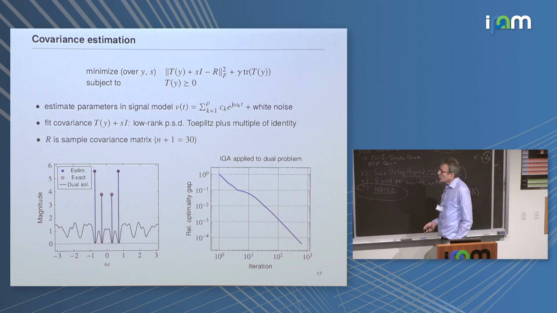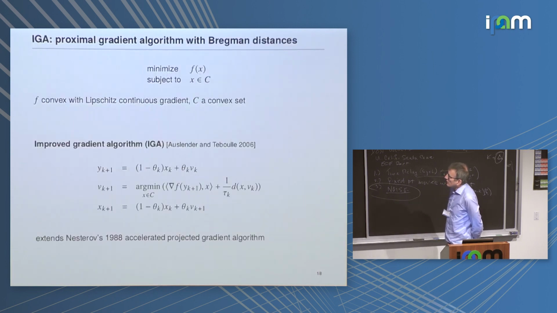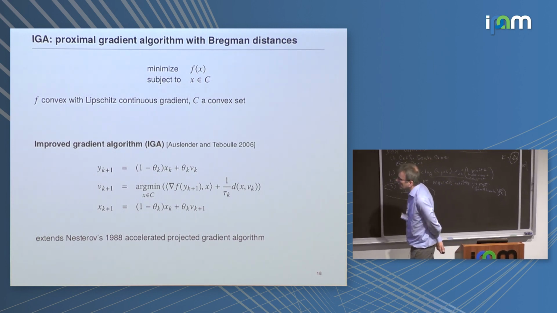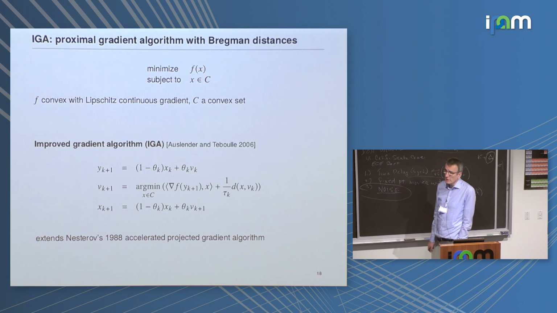So we used this generalized proximal operator to solve the dual problem, and the method is called the IGA method, and this is the gap or the accuracy versus iteration. The IGA method, the improved gradient algorithm, was proposed by Auslander and Teboulle, and it's the Bregman extension of one of Nesterov's fast accelerated proximal gradient methods.